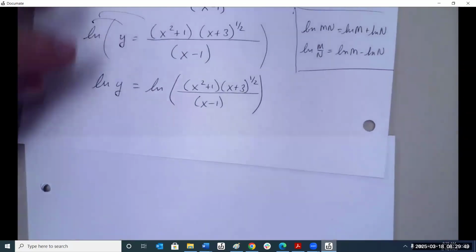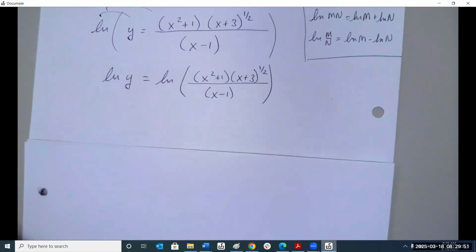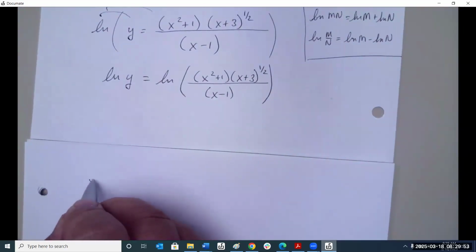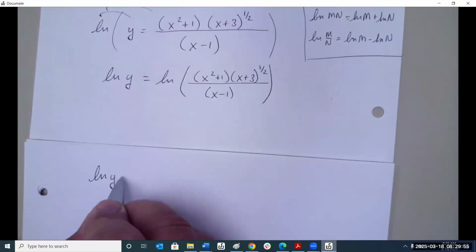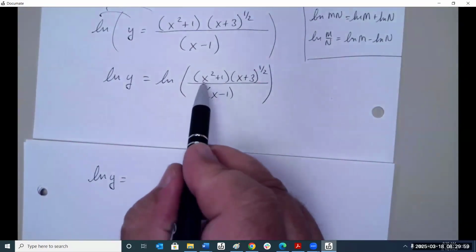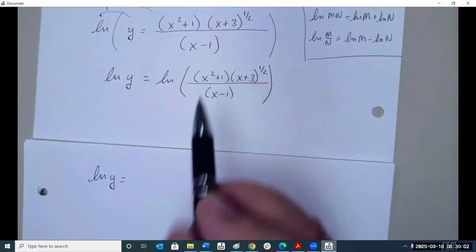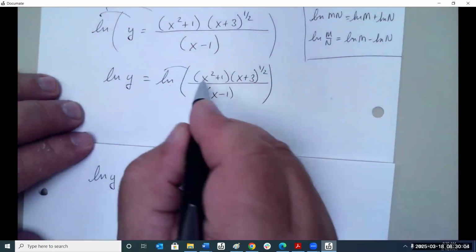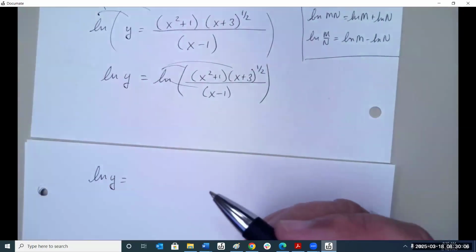Because what this means I can do, on the left-hand side, I have ln y, but on the right-hand side, since we have a product on top, I can distribute this ln to all these terms.